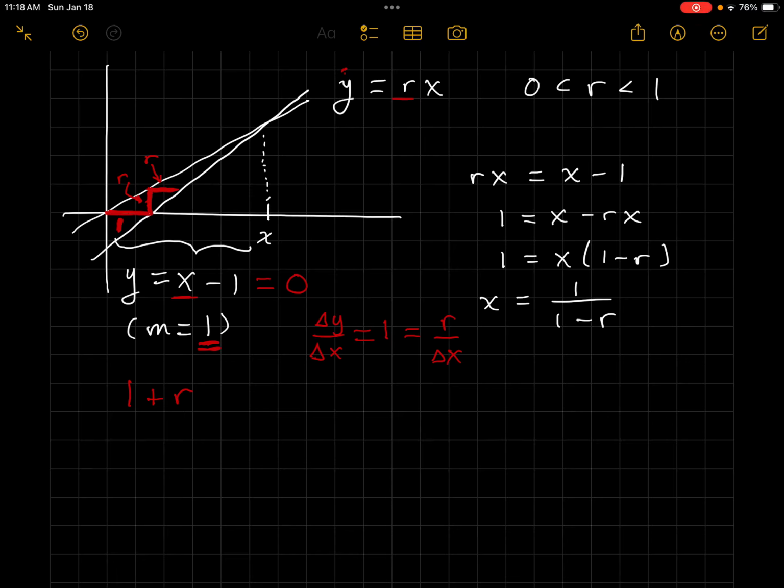And I'll keep doing this. Let's do the next vertical segment. And I'll write this one up here, where I know that delta y over delta x, using the top line, is r. I already found from here that delta x is r, which means delta y must be r squared.